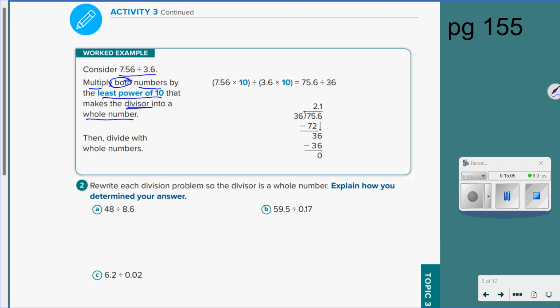I never know which way to say it. It's the number that's on the outside, okay? He's the one that matters. If I have it written out in a multiplication sentence, it's the second number. That's the one that matters. So this is going to be our focus today, making that number into a whole number. Why? Because I can't really divide by decimals.